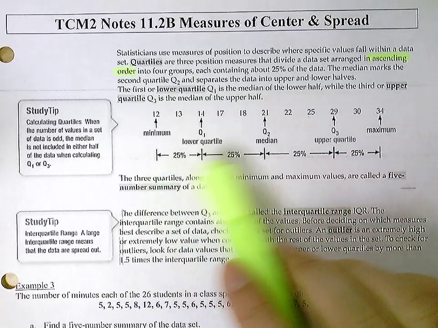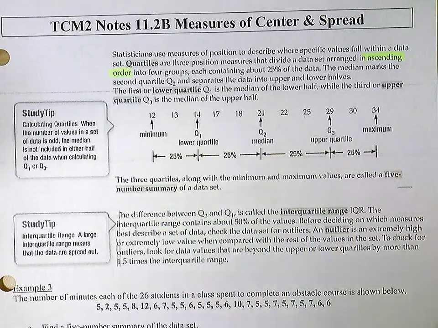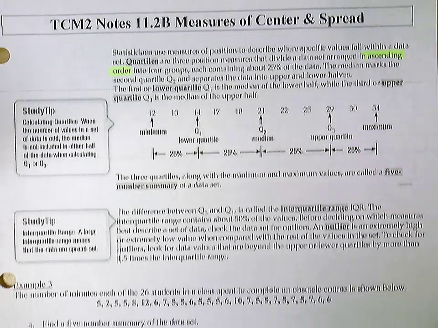Each piece is 25% of the data. The 3 quartiles, along with the minimum and maximum values, are called a 5-number summary of a data set.